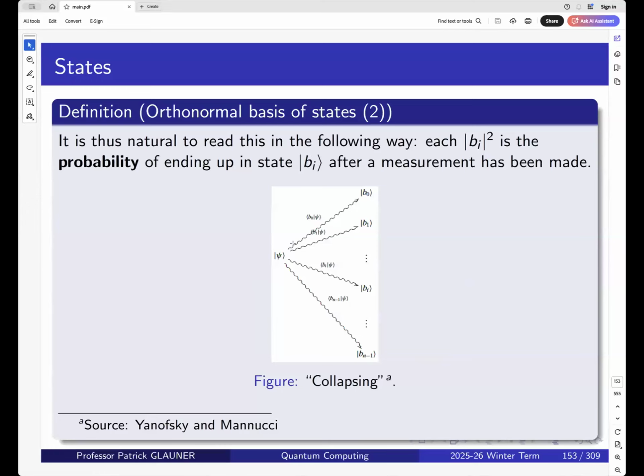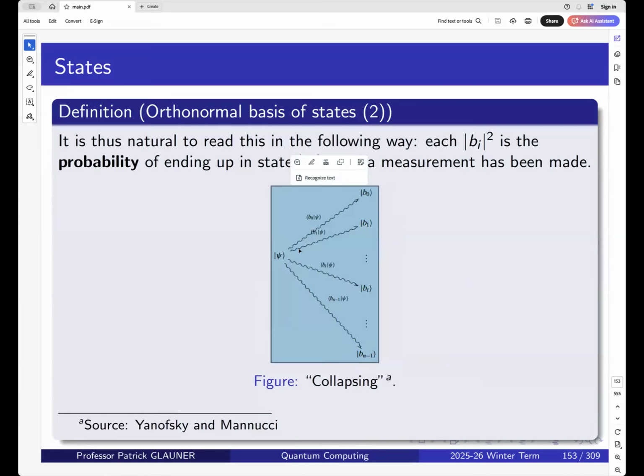And eventually, we have our state psi ket, and when we measure it, the quantum state, which is a superposition of these basis states, will collapse into one of them. And this measurement is something we will see again later in greater detail. The measurement is also non-deterministic.